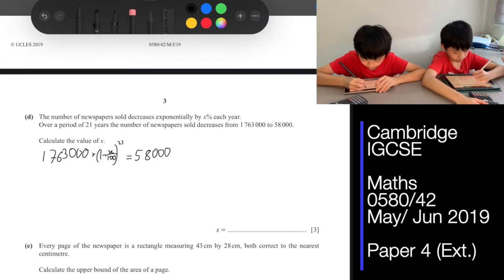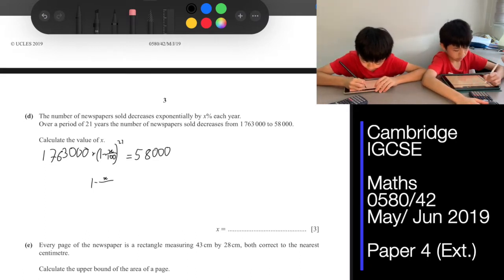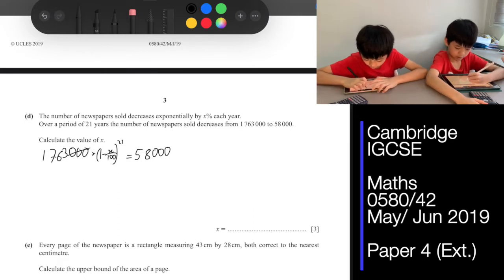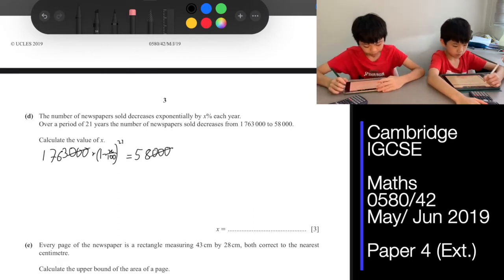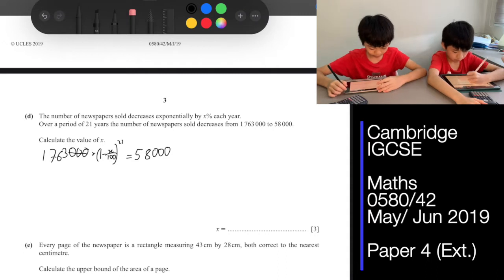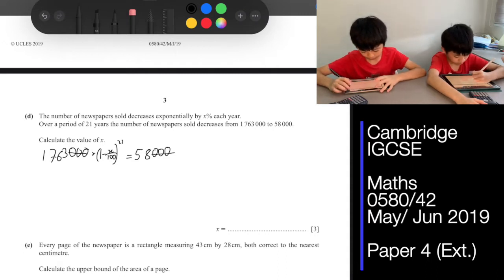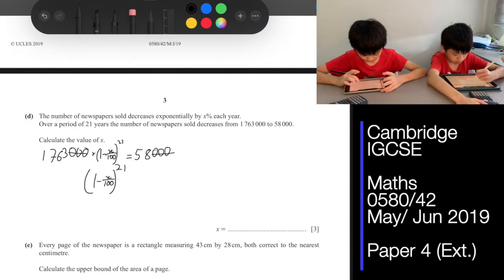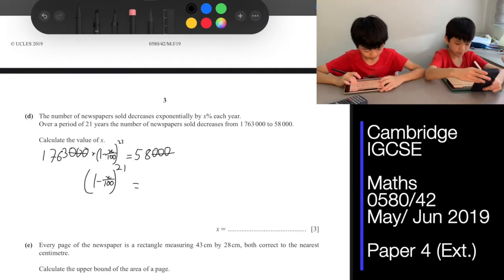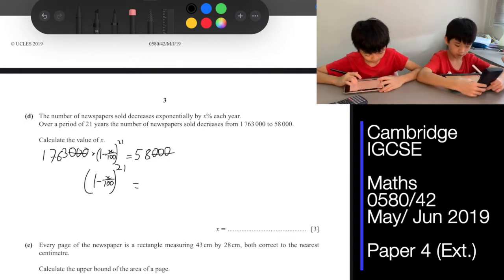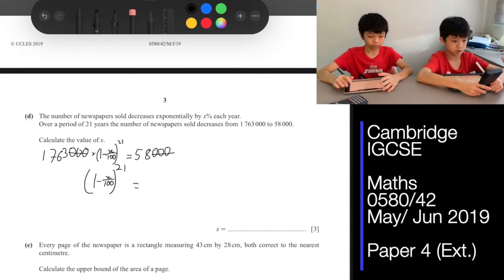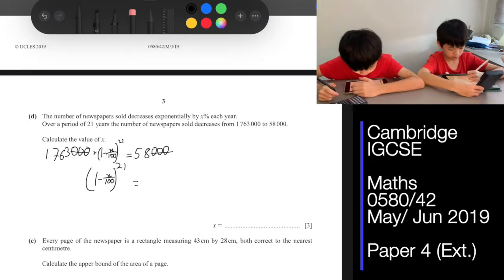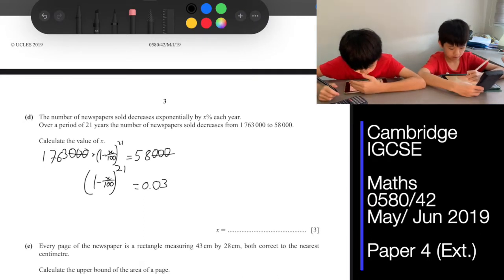And then, but first, before we do that, we can cancel these 3 zeros. So 1 minus X over 100 to the power of 21 is equal to 58 divided by 1763, which is 0.032.